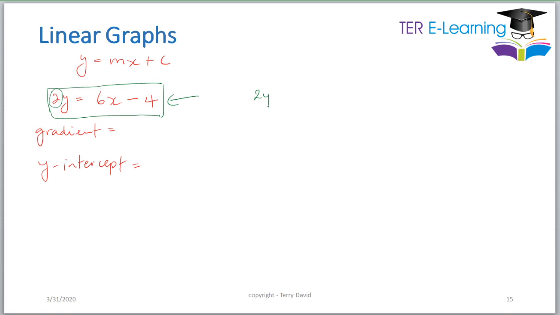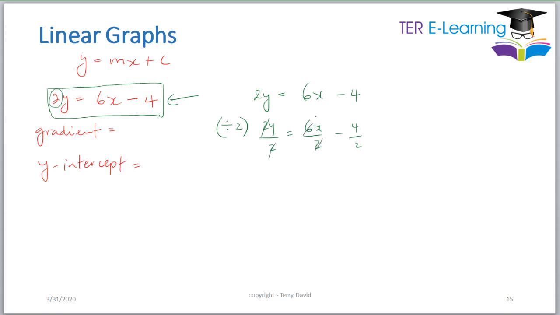So 2y is equal to 6x minus 4. We need to write the equation in the form y equal mx plus c. In order to do that, we divide every single term by 2. So this becomes 2y over 2, equal to 6x over 2 minus 4 over 2. This 2 will cancel with this.